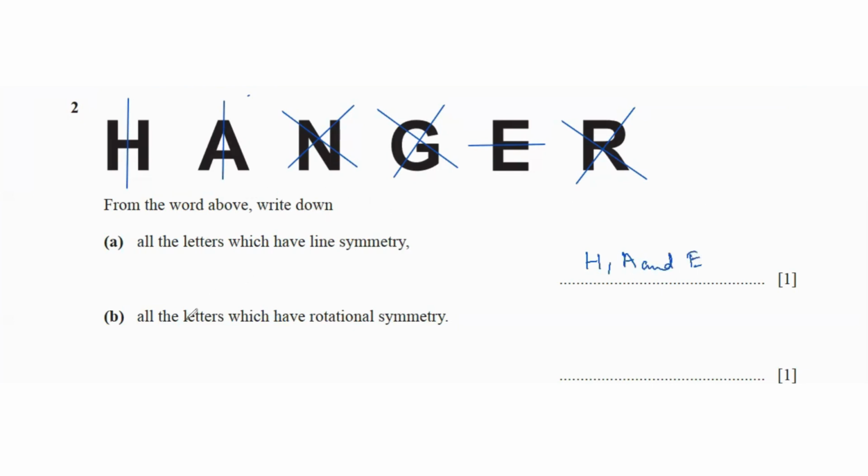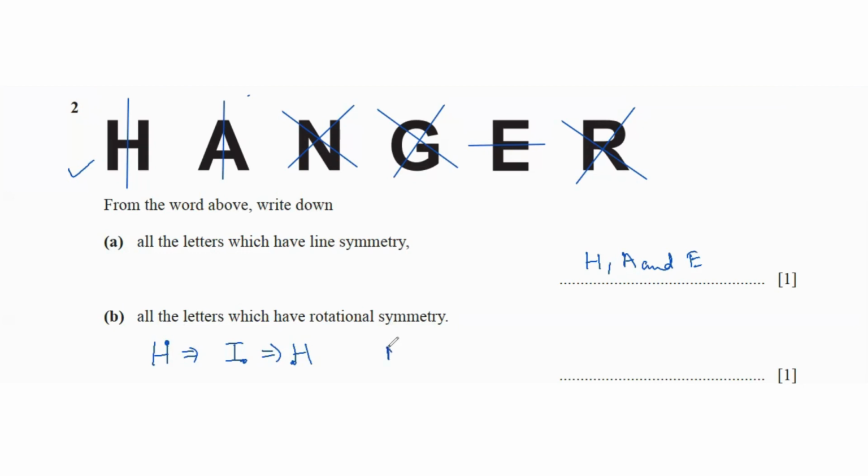It says write down all the letters which have rotational symmetry. Look at the letter H and N. If we take this reference point and we rotate H, we can see that it maintains the same shape.